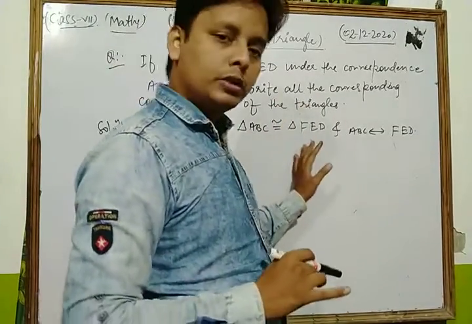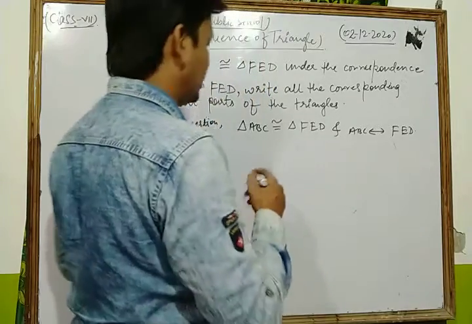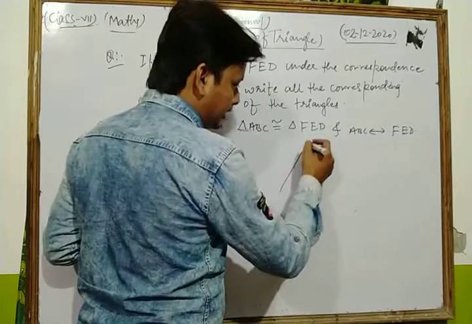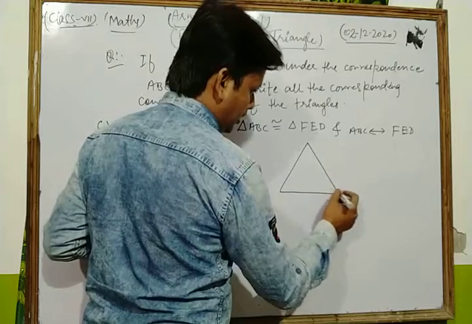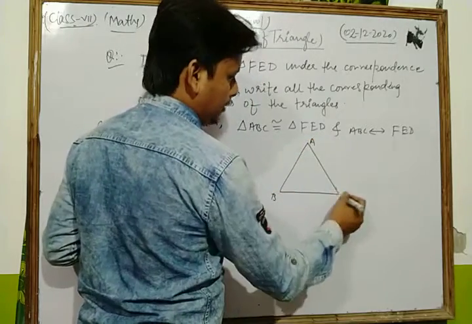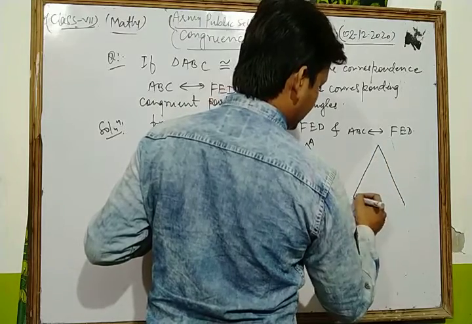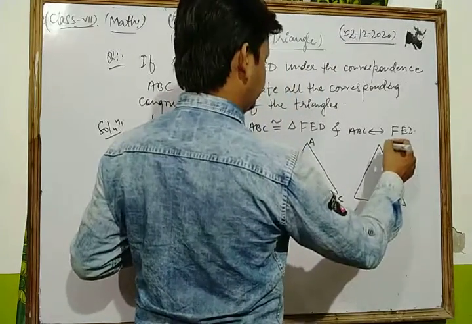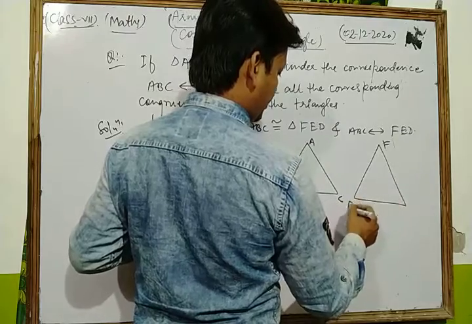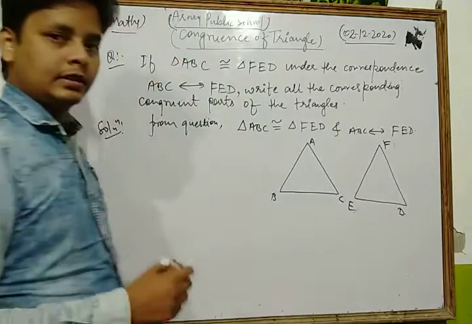This is one of the most important questions. First of all, we draw both the triangles: triangle ABC and triangle FED.